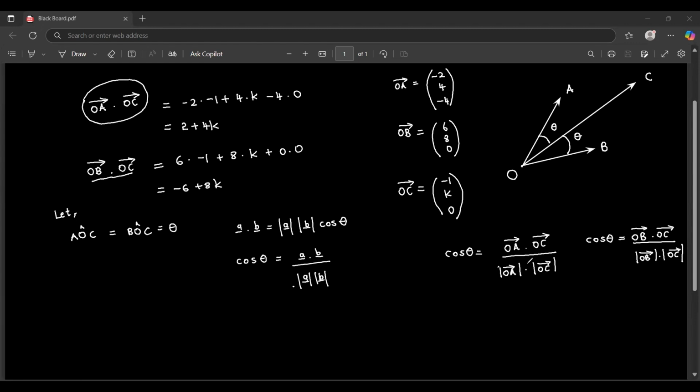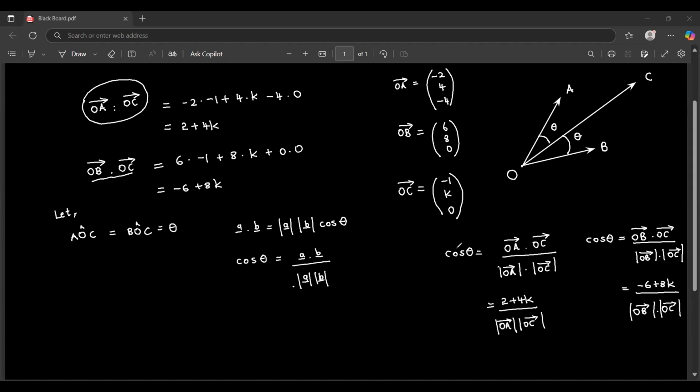Here we know OA dot OC is equal to 2 plus 4K, so 2 plus 4K over modulus of OA into modulus of OC. And here we know vector OB dot vector OC is equal to minus 6 plus 8K over modulus of OB into modulus of OC. I'm multiplying the moduli, actually.